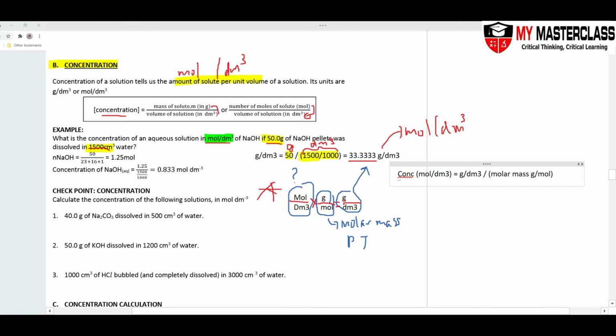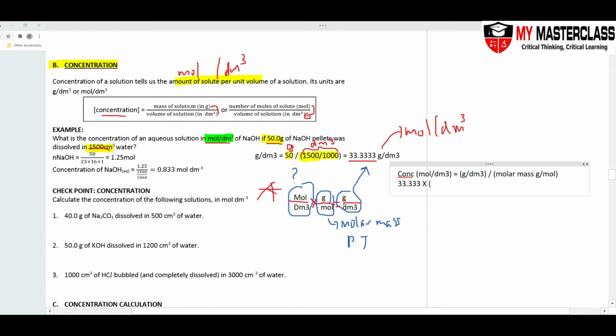The gram per dm cube is 33.333, divided by the molar mass of NaOH.